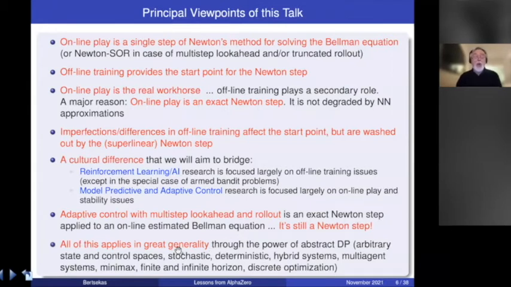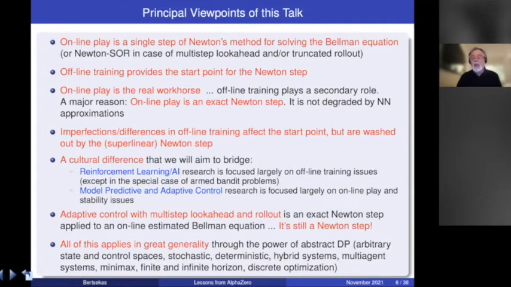Now, all of this applies in great generality. Abstract dynamic programming is a very general framework. It can accommodate arbitrary state and control spaces, stochastic systems, deterministic systems, hybrid systems involving both discrete and continuous state space and control space components, multi-agent systems, games and minimax, finite horizon, infinite horizon, discrete optimization, integer programming.